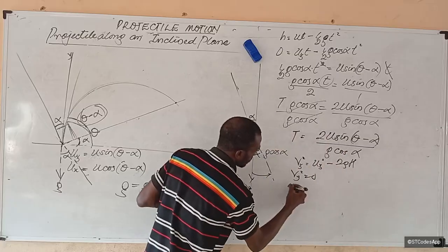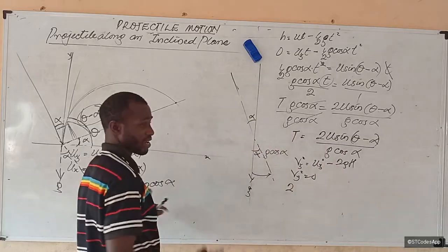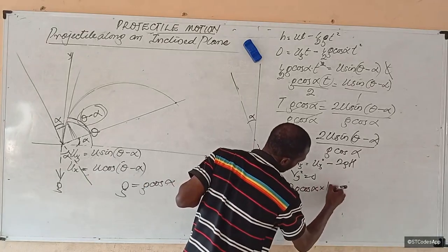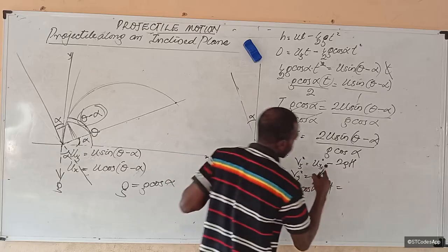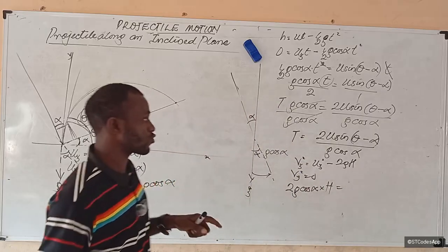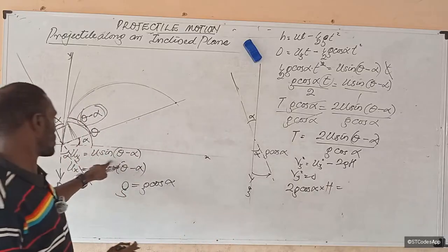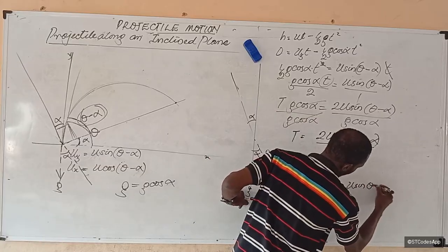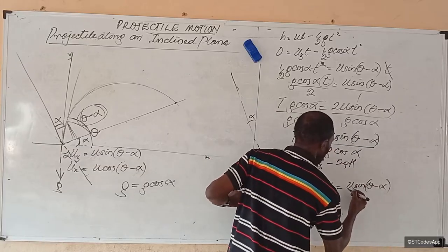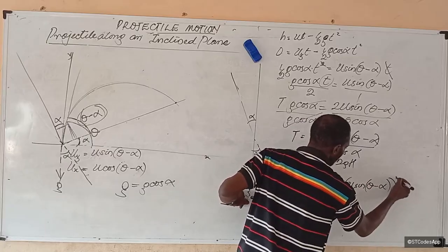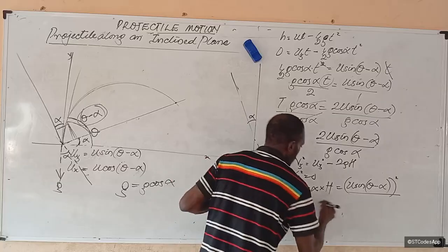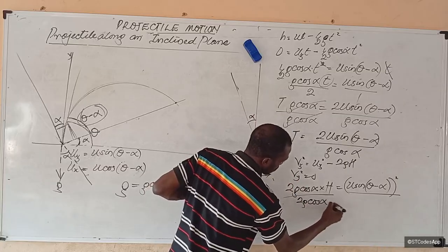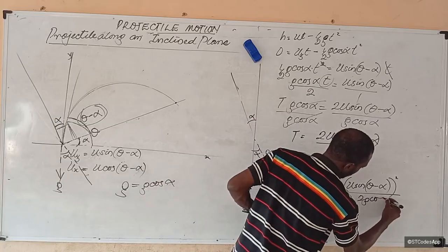We have 2g now as g cos alpha, so g cos alpha times h is equal to uy squared. What is uy? uy is u sine theta minus alpha again. So u sine theta minus alpha all squared, divide both sides by 2g cos alpha.